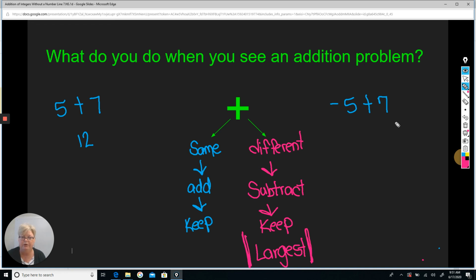So let's just flip it around and do 7 minus 5. 7 minus 5 is 2. And then I need to figure out which one has the largest absolute value. So the absolute value of -5 is 5. The absolute value of 7 is 7. 7 is the largest, so I'm going to keep it positive.